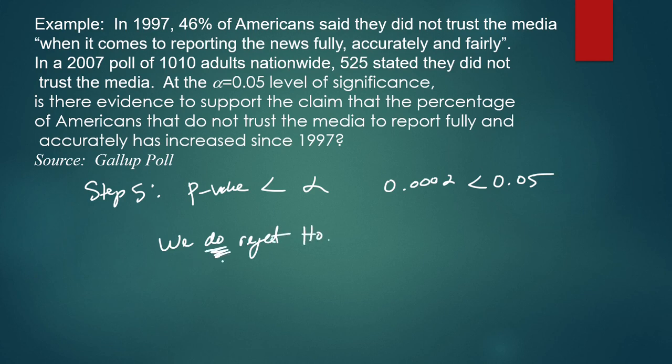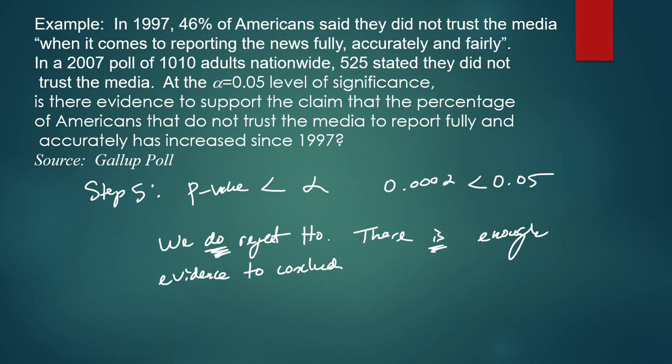Since the p-value is less than alpha, we do reject the null hypothesis. There is enough evidence to conclude. And remember, our conclusion is always in terms of HA. HA was the proportion was greater than 0.46. So we can say we do reject the null hypothesis.